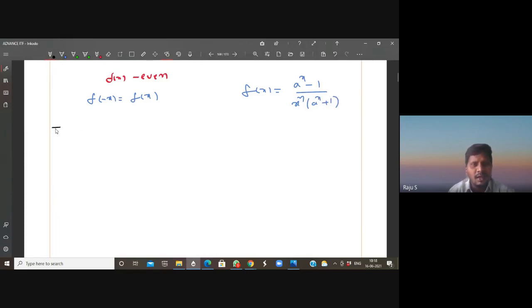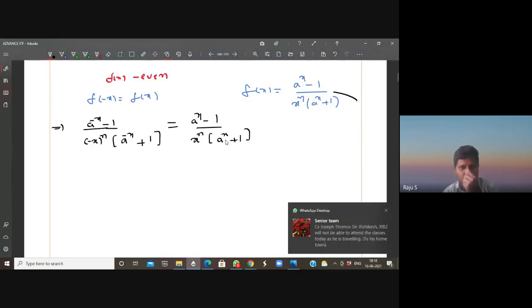With the help of that, just replace x by minus x over here: (a^(minus x) minus 1) all divided by (minus x) whole power n, into (a^(minus x) plus 1), is equal to the same function, (a^x minus 1) by x^n, bracket a^x plus 1.